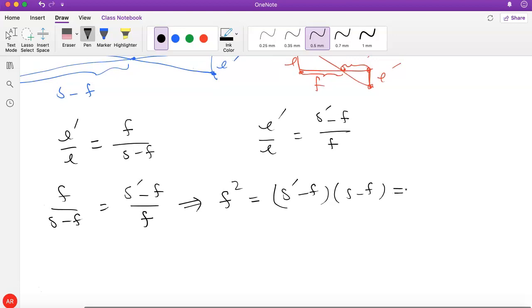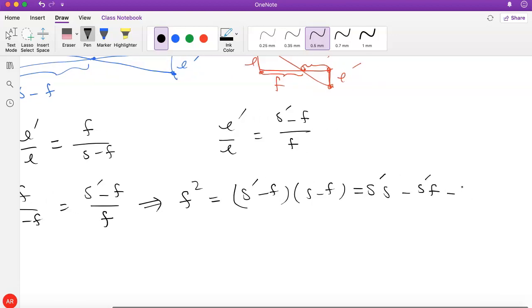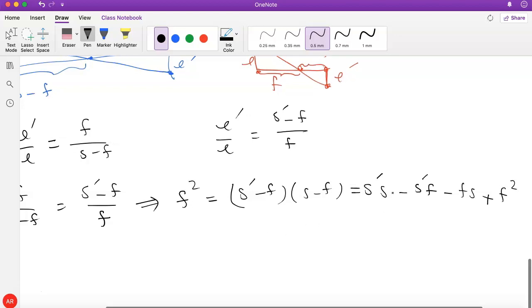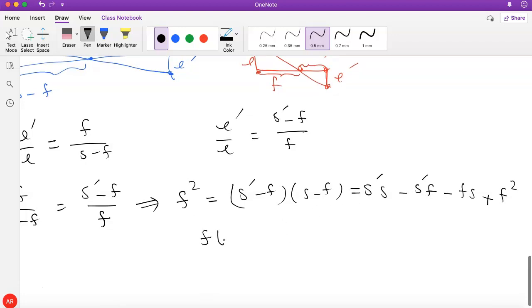If I expand that out, it's going to be S prime times S minus S prime times F minus F times S plus F squared. Then F squared cancels. Let me take these to the other side and factor out the F. So I find F times S plus S prime is S times S prime.